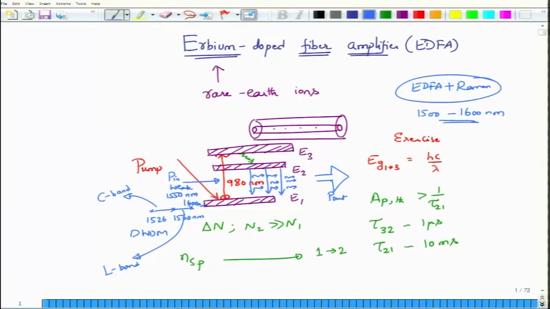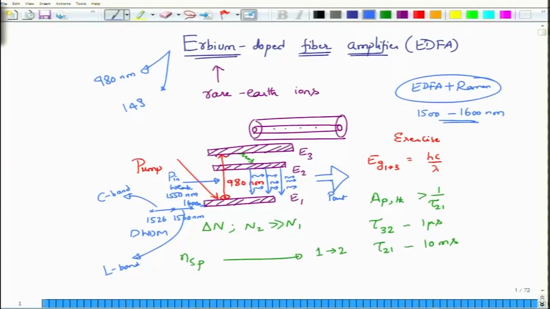The pumping that is used is 980 nanometer. Of course, that is not just the full story here. We are going to look at a little more detail on erbium doped fiber. One of the things that you should remember is that erbium doped fibers can be pumped at two different wavelengths. One is the 980 nanometer, which is most efficient, will result in larger gain and results in shorter amplifier lengths, that is shorter fiber lengths, in order to realize the same gain.